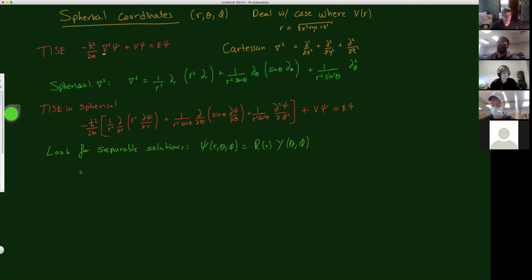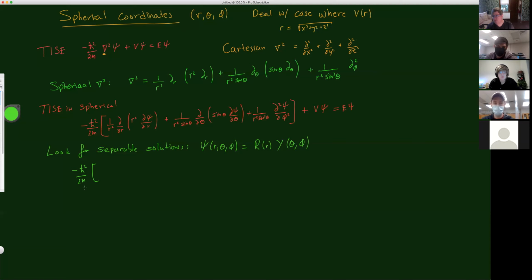All right. So we have minus h bar squared over 2m. And we're going to change our derivatives to regular derivatives whenever we can, because as soon as they are only acting on a function of only one variable, so if you're acting your r derivative on the big function R, you don't need it to be a partial derivative anymore.